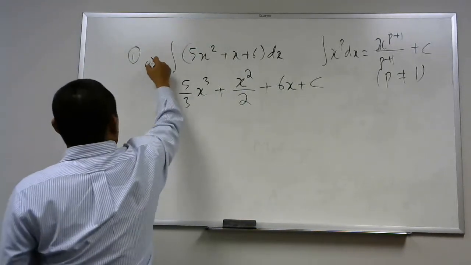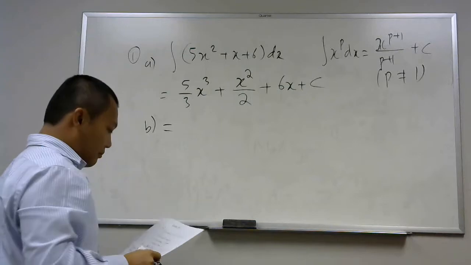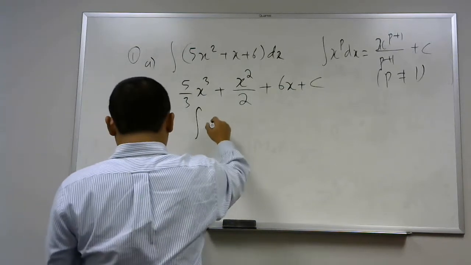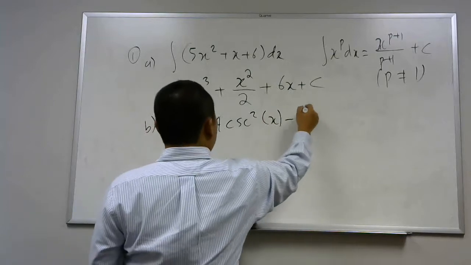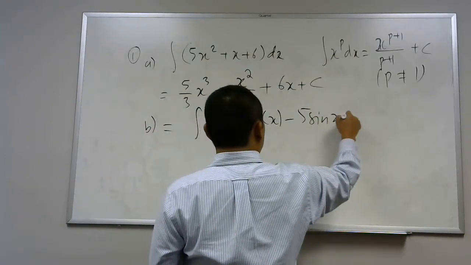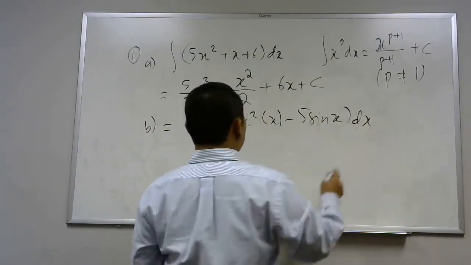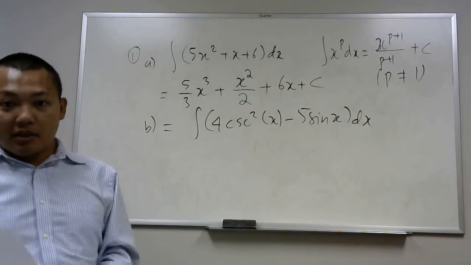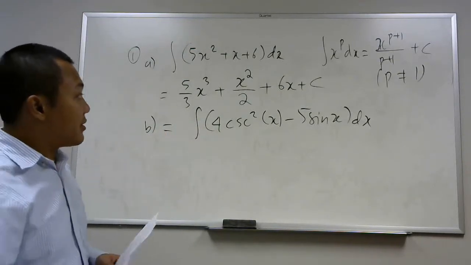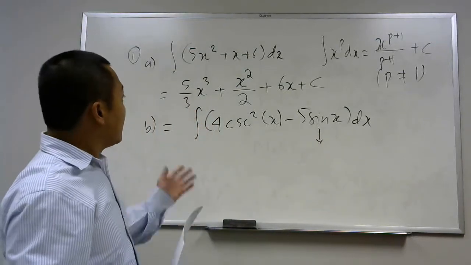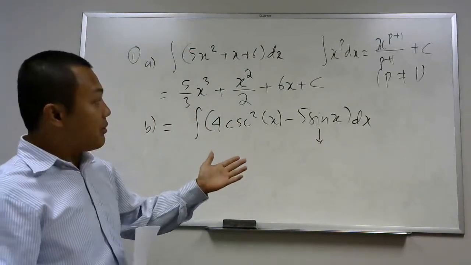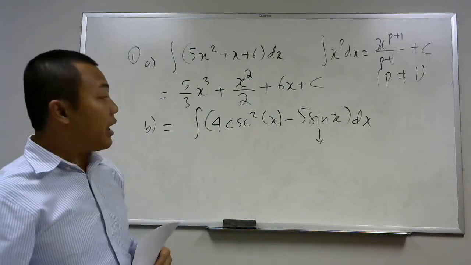The second integral is the integral of 4 secant squared of x minus 5 sine x dx. So here we have secant squared and we have sine of x. For sine of x, probably you can guess the antiderivative of sine of x is negative cosine, right?